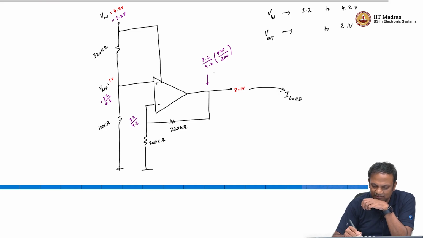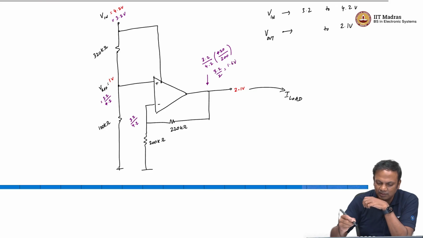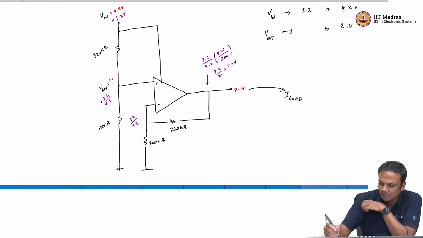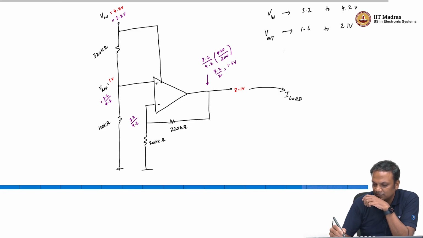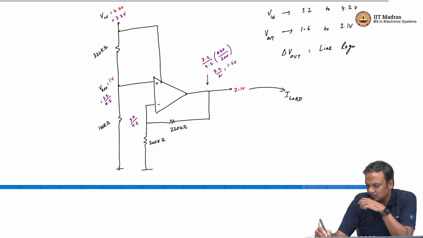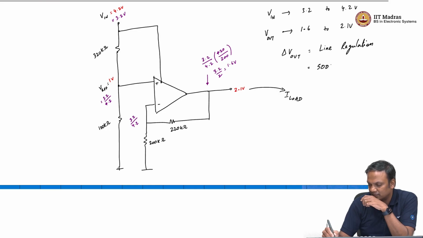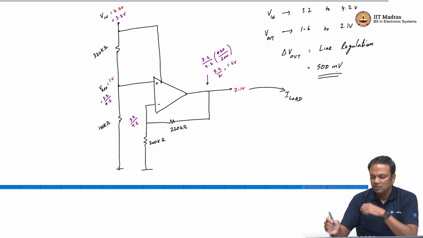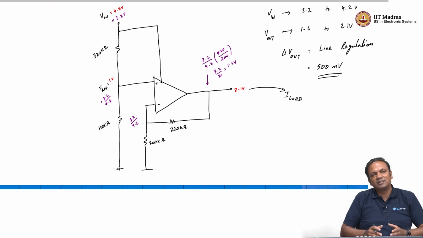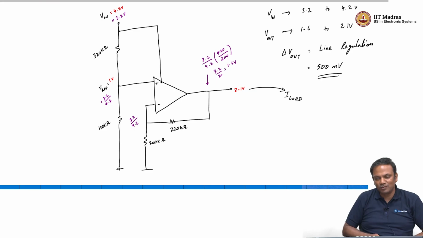So, this gives us 3.2 by 2, which is 1.6 volt, which is no different from what we had earlier, which means that delta V out, what we call line regulation, is 500 millivolt, right. So, the line regulation, which is the variation in the output voltage when the input voltage changes by 1 volt, is still at 500 millivolt.